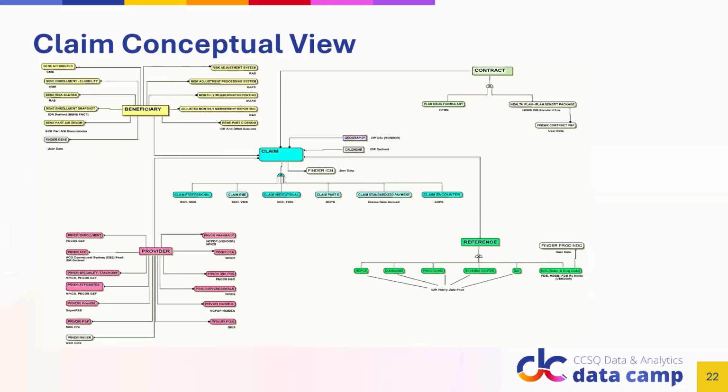Like, for instance, in Part A, you will not see care plan oversight organization NPI, prescribing NPI, primary care provider, and alternate service. And similarly, in Part B, you will not see attending physician or surgeon, operating, prescribing, primary care provider.